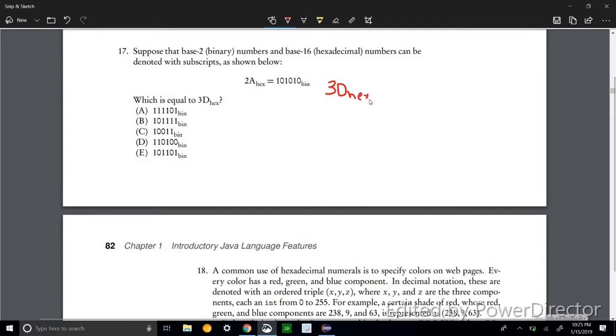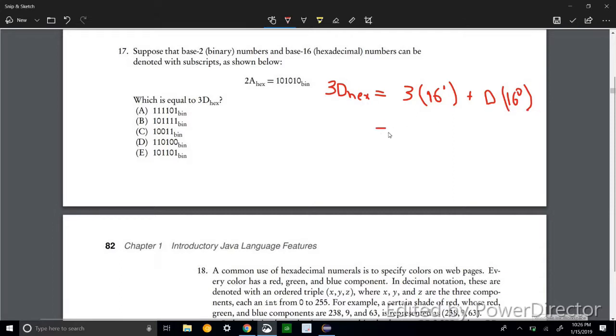In order to do that, we do 3 times 16 to the first power, because hexadecimal is in base 16, and to that we add D times 16 to the 0th power.